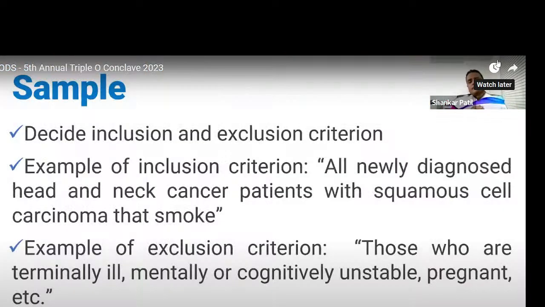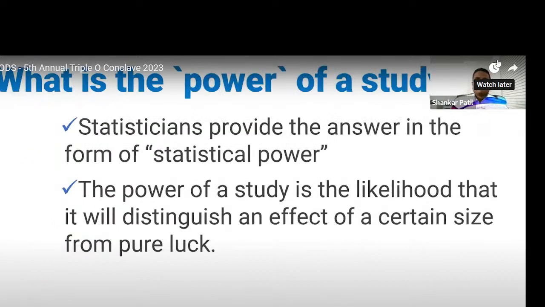So sample size is very, very important, and decide your inclusion and exclusion criteria, because journals will see what inclusion criteria were used for these patients to be selected and what exclusion criteria. So that is very, very important. And what is the power of the study? Statisticians provide the answer.